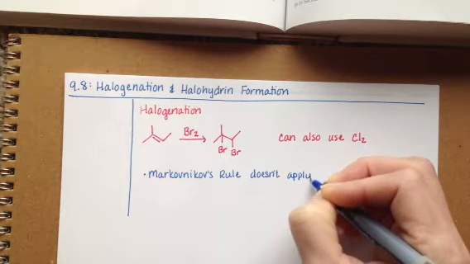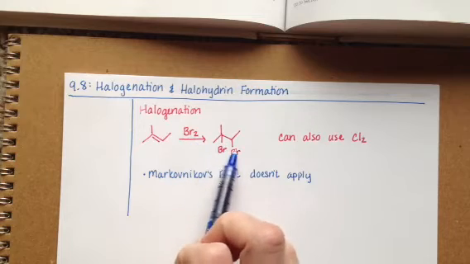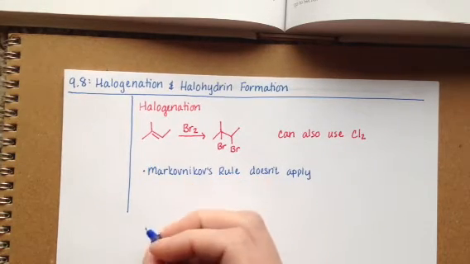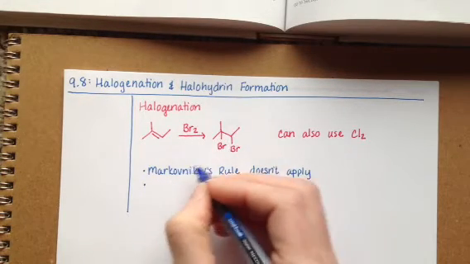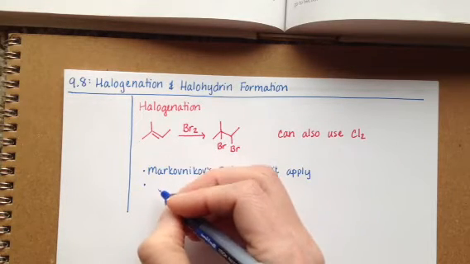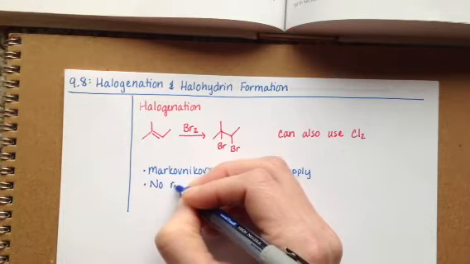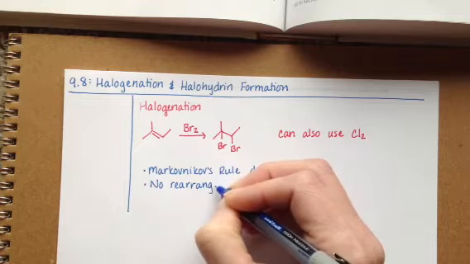Just like we saw with hydrogenation, it's just two bromines. You put one on each carbon. It's pretty simple. You don't have to really think about what goes where. The reaction mechanism, which I am going to show you, doesn't really go through a carbocation intermediate, so there's no rearrangement to worry about, which is nice. It's a very simple reaction.